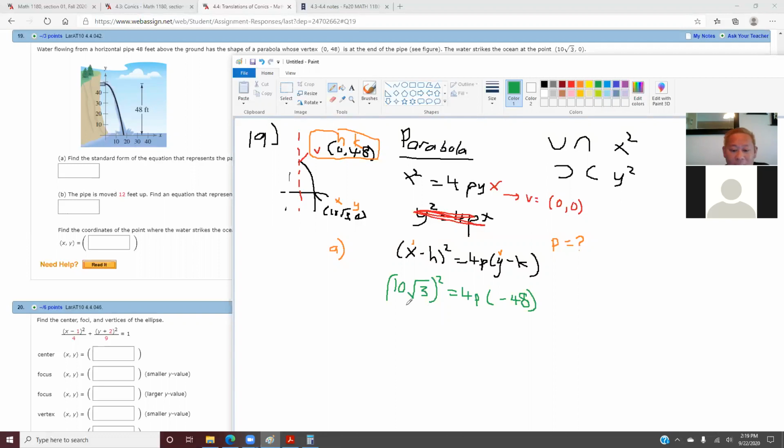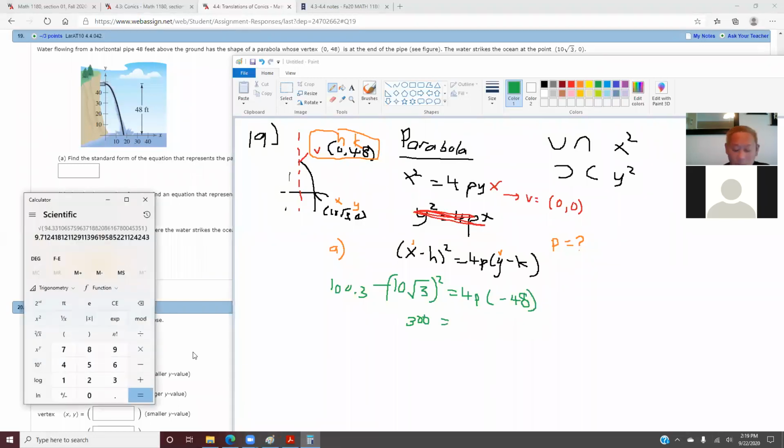Yep, this is actually 10 squared is 100, and then root 3 squared is 3. So 100 times 3 is 300. Okay, and then what is 4 times negative 48? 4 times 48 negative, so this will give me negative 192p.